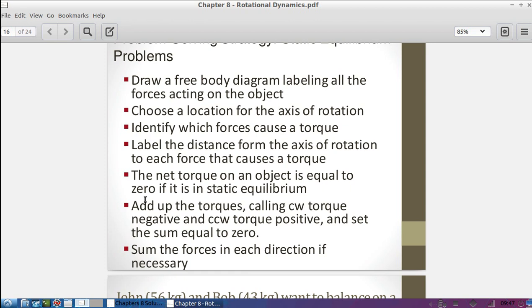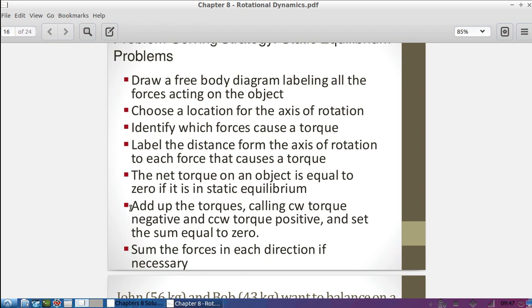Do the same thing for Newton's second law for rotational motion. So you set all the net torques on the object equal to 0. Right? So we're going to have three equations basically. F net in the x set equal to 0, F net in the y set equal to 0, and torque equal to 0.